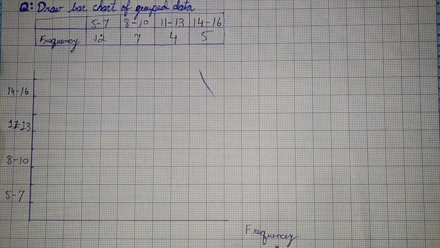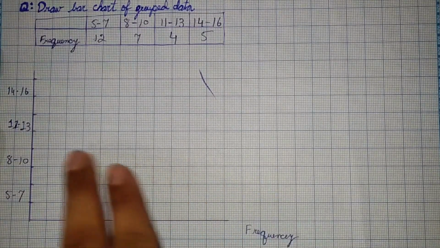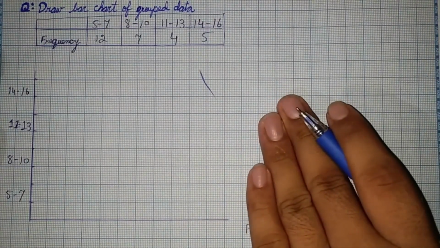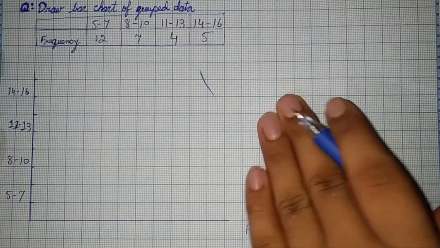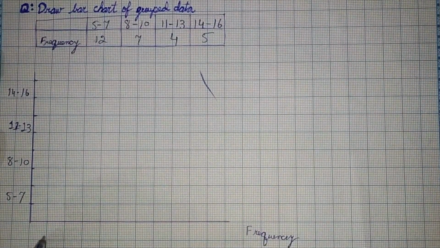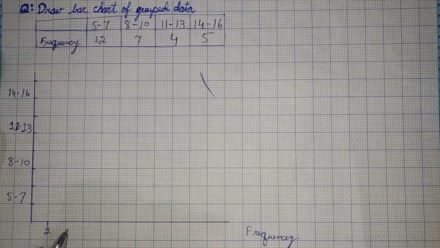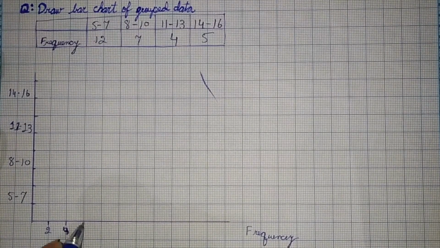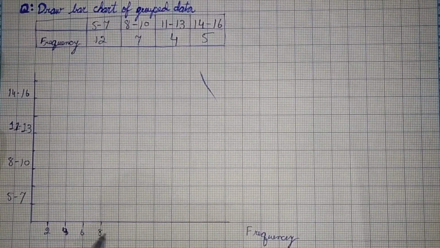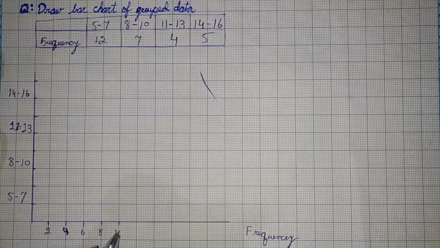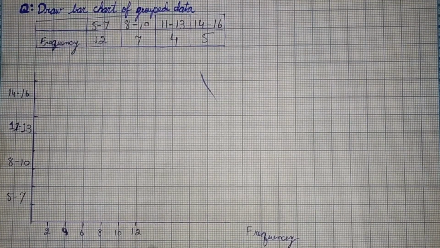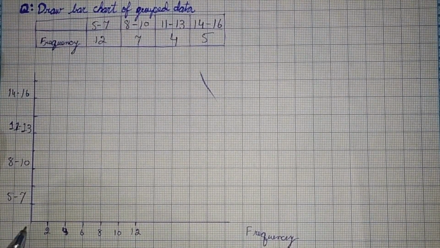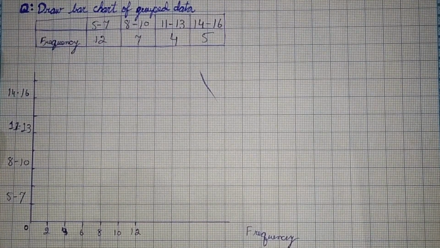Okay, so here our bars will go more here, or we can say we'll get more space horizontally. So let me draw a gap of 2. Here we have 4, here we have 6, here we have 8, 10, and here we have 12. We have 0 here.